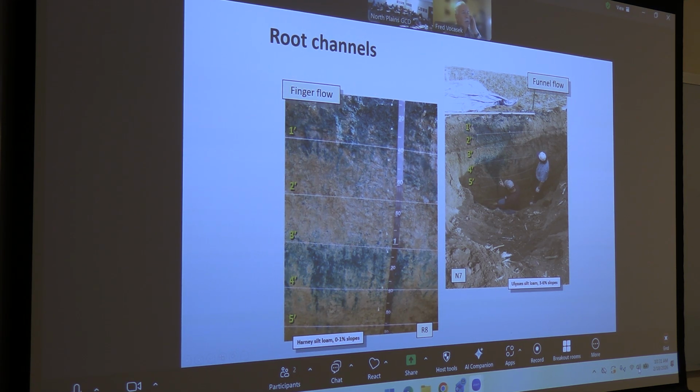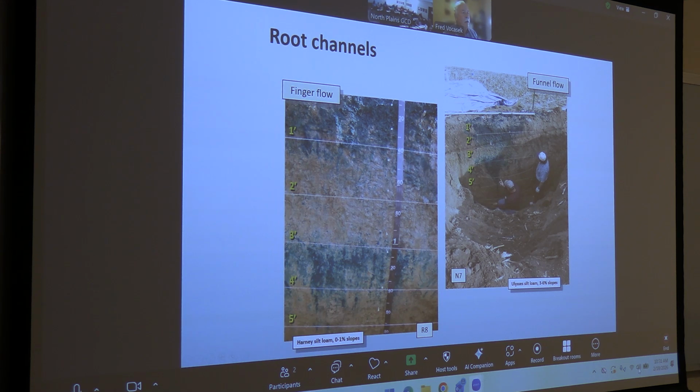So it's really important. We think of water moving uniformly through these soil profiles. If we think of this as a funnel, all the water in that top 4 or 5 feet diameter circle, by the time we get down to 5 feet, it's concentrated down to maybe a tube, if you will, 2 or 3 inches across.